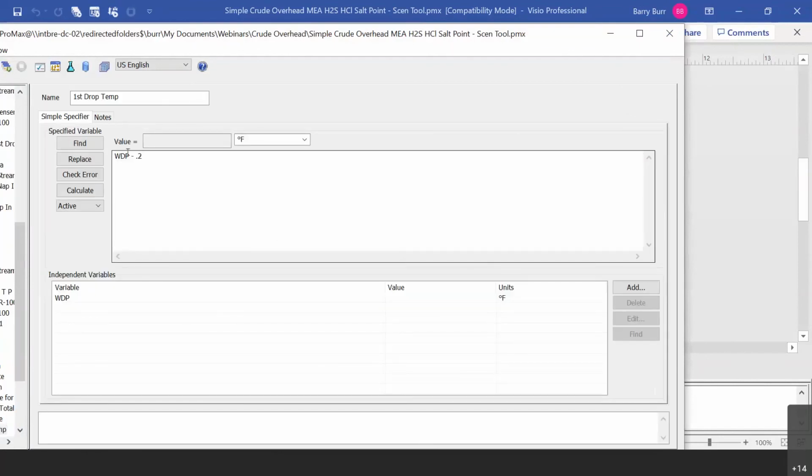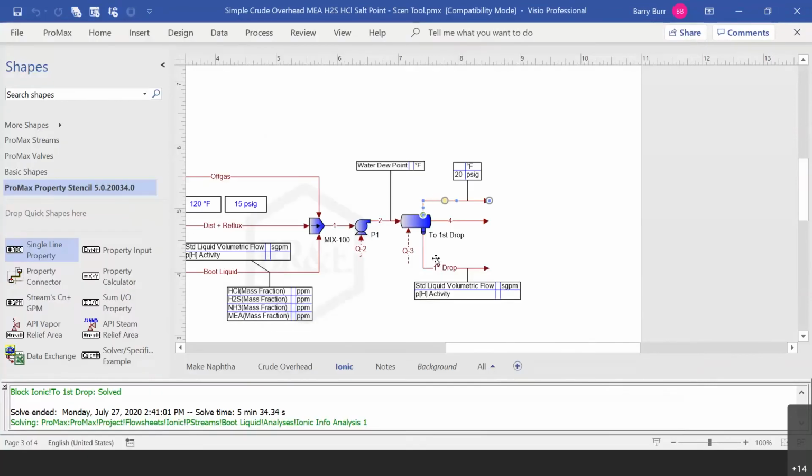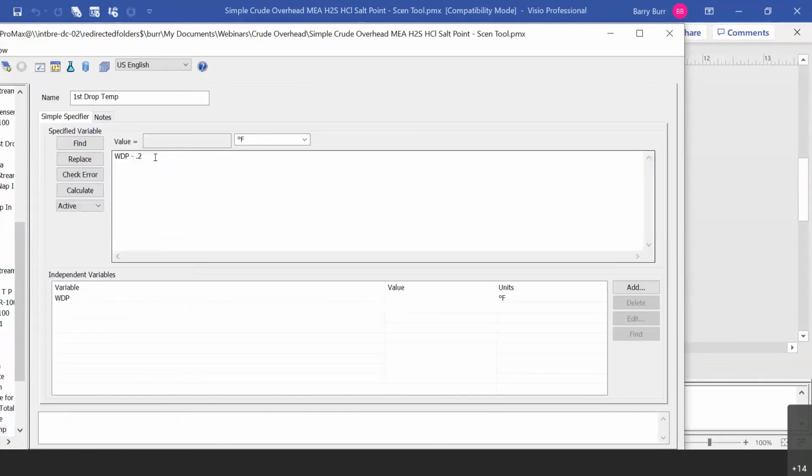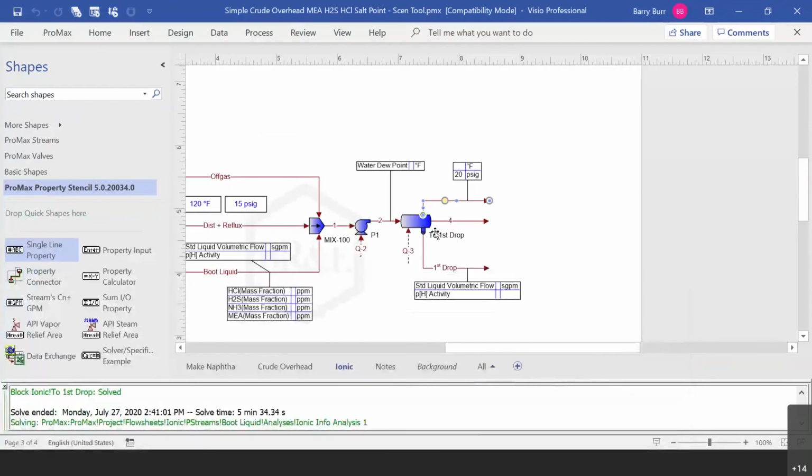Yeah, the water dew point minus 0.2 degrees F is the temperature I'm running this flash at, so that it produces a very small amount of water. So that's how I produce a very small amount. If I tried to go closer than this 0.2 degrees F as my criteria, then I was unable to reliably calculate this flash. It was getting too hard to calculate, and I wouldn't always necessarily get a first drop from which I could get a pH analysis.